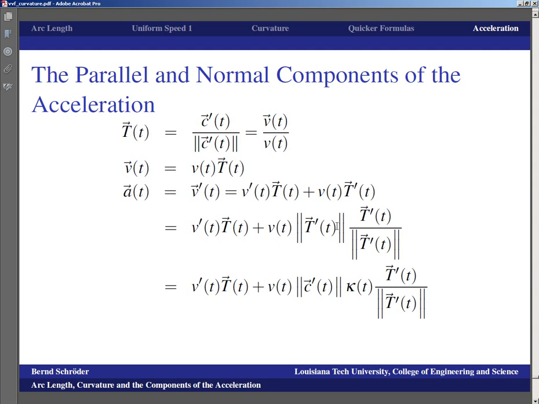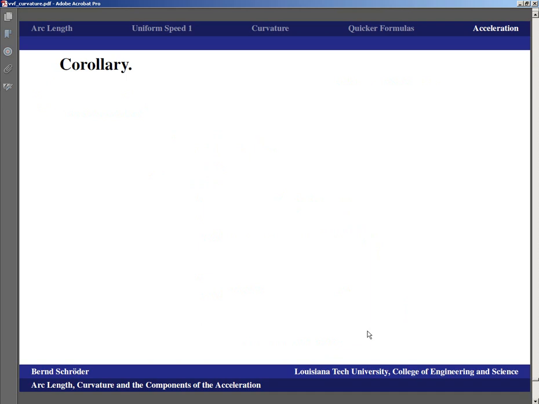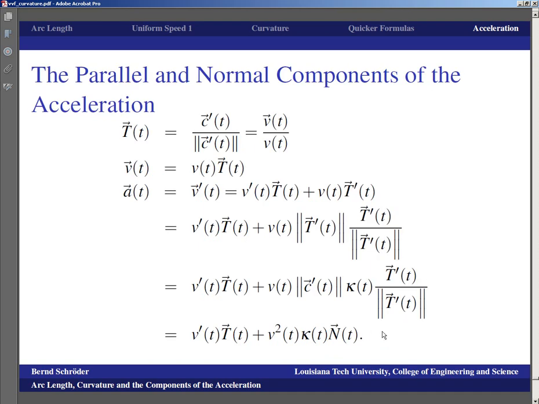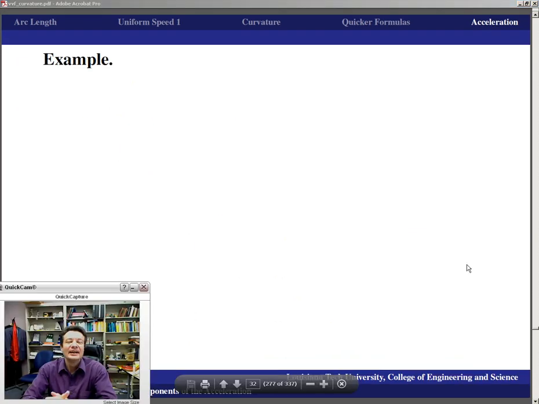The norm of T prime is nothing but kappa times the norm of c prime. T prime over the norm of T prime is kept. The norm of c prime, of course, is nothing but the speed, it's v of t. And so that means that this is v prime times T plus speed squared, because this is v of t and this is v of t, times kappa of t times that unit normal vector, and that is already the decomposition of the acceleration as promised in the previous picture.